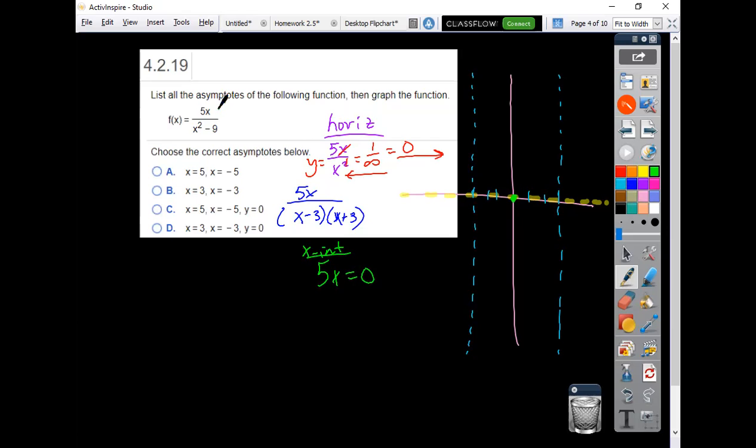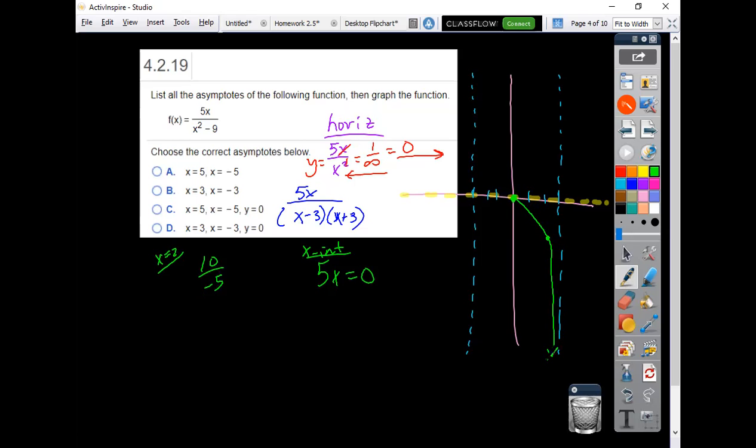So if I put in a 2, 5 times 2 would be 10, and 2 squared is 4, minus 9 would be negative 5, so it'd be down at negative 2. At 2, I'm down at negative 2, so that's like over here. Since it's an asymptote, I know that that part of the graph's going over there.